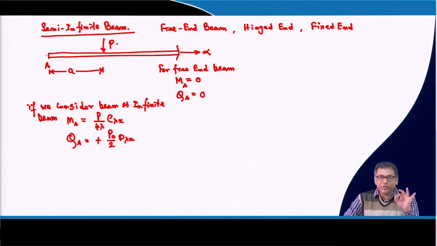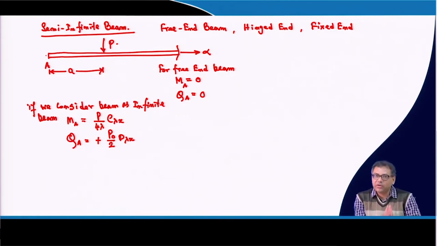Because of this P, as we consider this an infinite beam, there will be a moment and shear force, but actually at that point the moment and shear force will be 0, as per the boundary condition. So, we have to provide a counter force and moment such that the net moment and net shear force at this point will be 0.